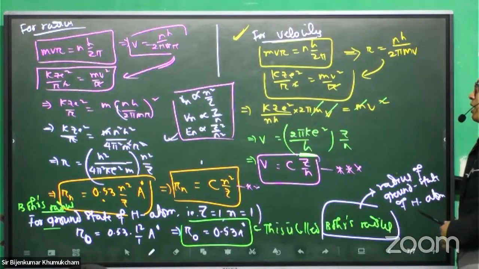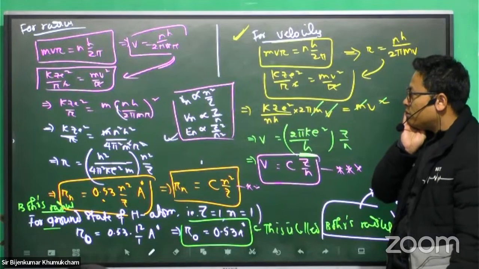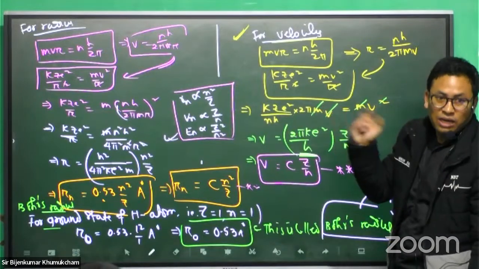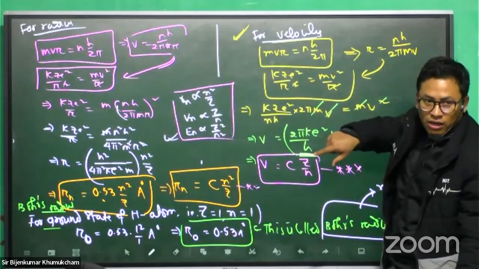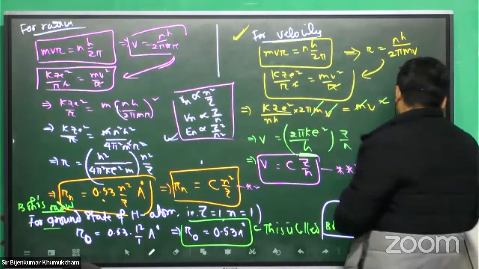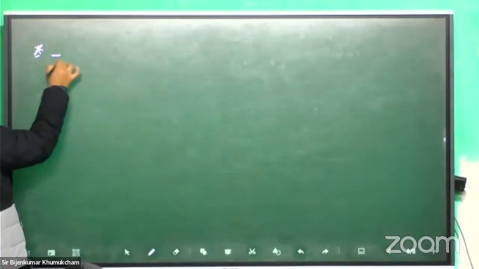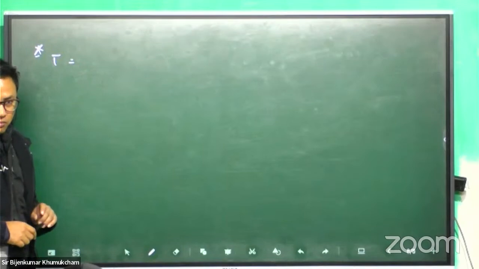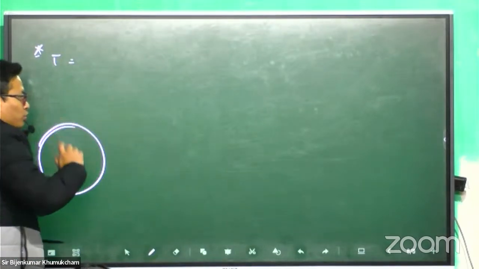Next, what will be the time period of an electron in its orbit? You should try at home to write the expression of time period. What is time period in any circular loop or any oscillatory, periodic motion?